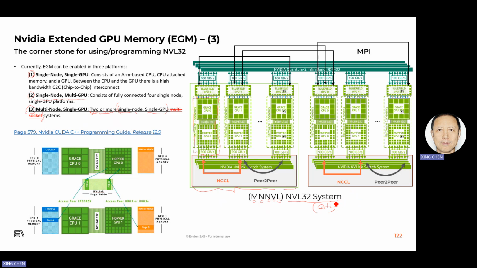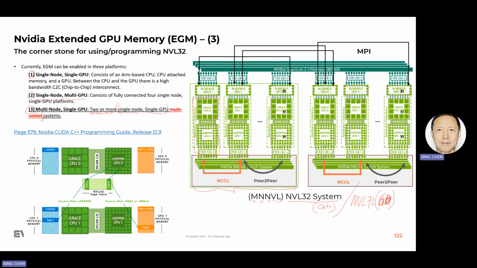Throughout these slides, I'm going to use NVL32 for the discussion, but the discussion could be applied to the NVL72 system with Blackwell. So with Grace Blackwell, sorry, Grace Blackwell. That can be applied to Grace Blackwell.